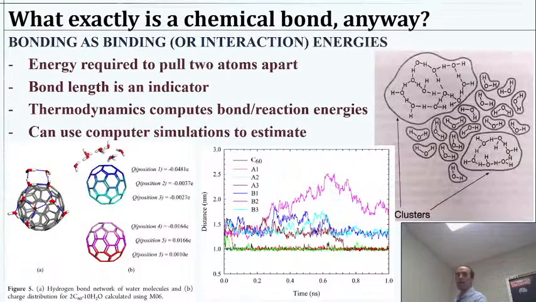So bonding in general is not actually so formal as we tend to think about it. We might call a chemical bond covalent or ionic or a hydrogen bond, but really these are just essentially scales of how strongly bonded it is.